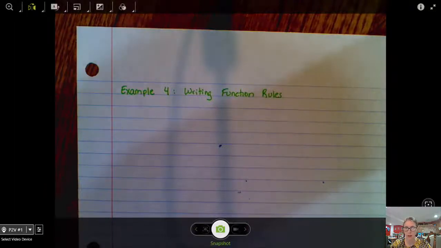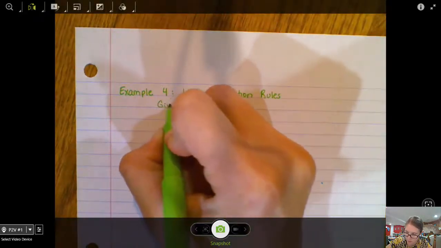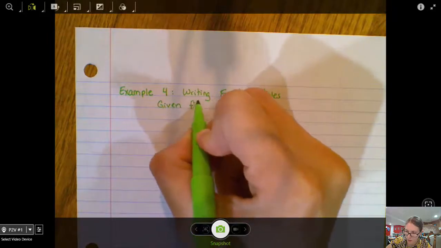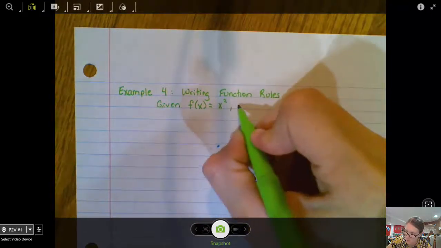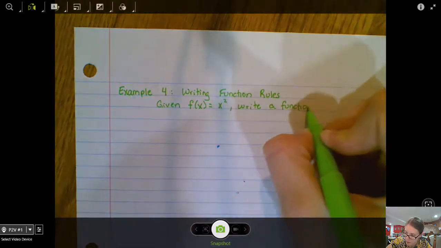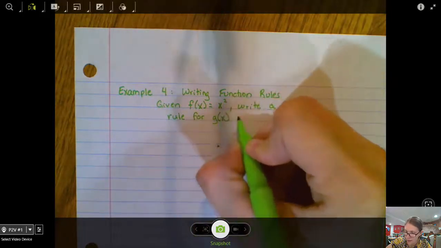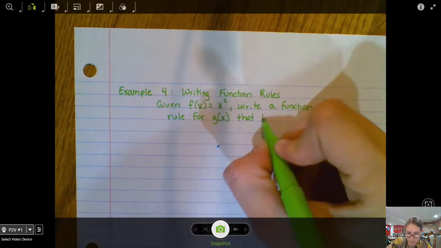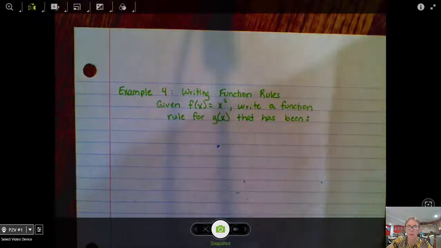Last example that we are going to look at with transformations is writing function rules. So a problem like this might look like: given the function f of x equals x squared, write a function rule for g of x that has been, and then we'll do a couple different parts here.